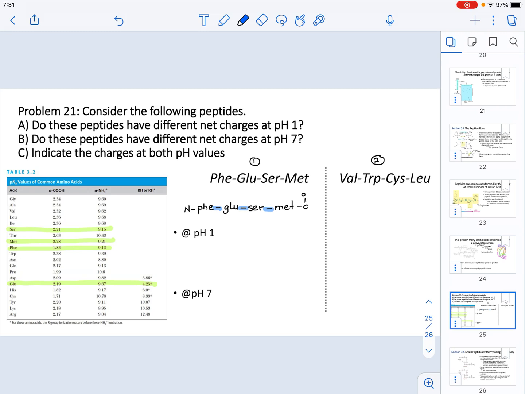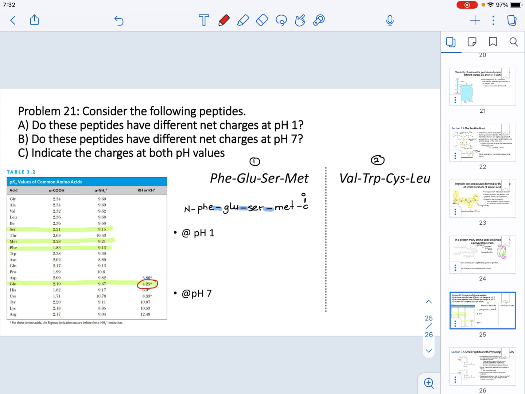So once I understand that, I have to take into consideration which one of my amino acids has a side chain that is affected by pH. In a peptide in which I have phenylalanine, glutamic acid, serine, or methionine, notice that the only one that has an exposed side chain is glutamic acid.